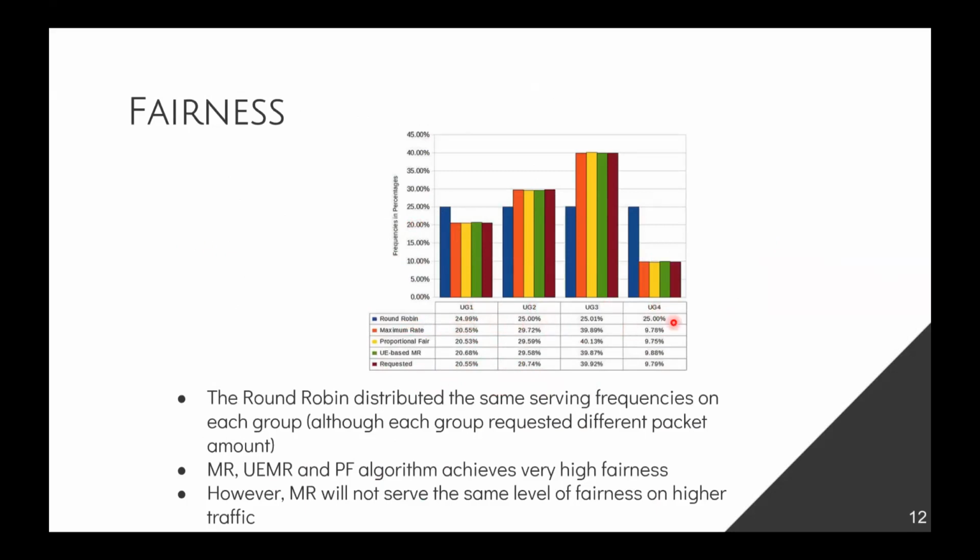This is not fair, because user group 3 has the most packets requested but is only served 25%. The other 3 algorithms have a better fairness level compared to the round robin. However, the maximum rate will not maintain the same level of fairness on higher traffic.